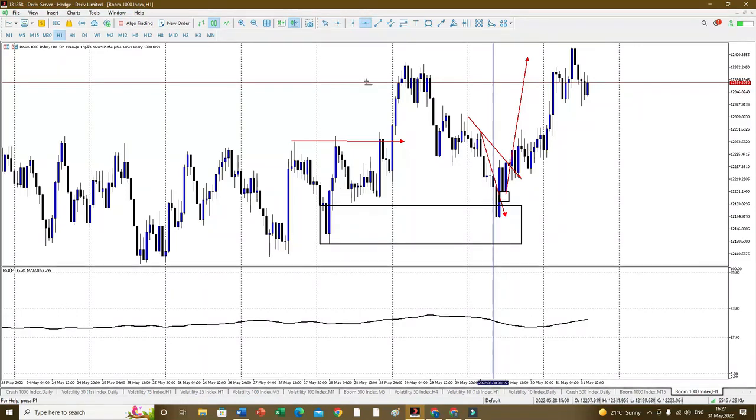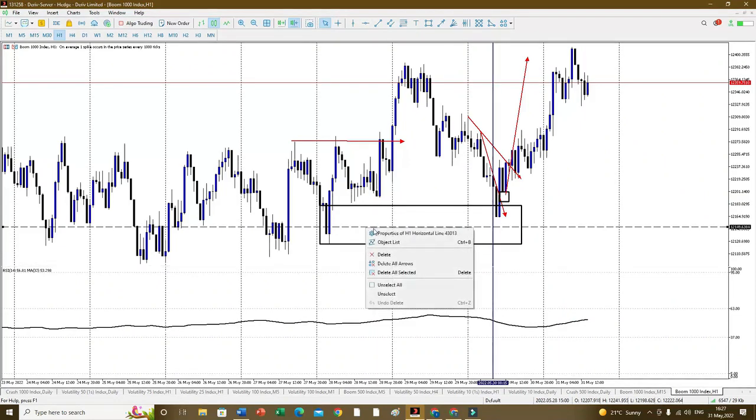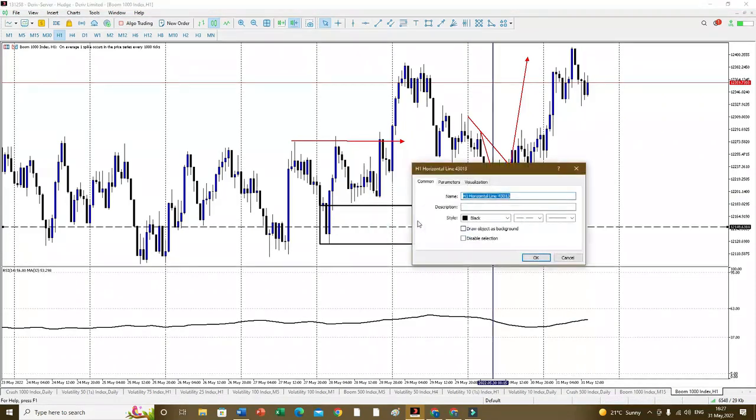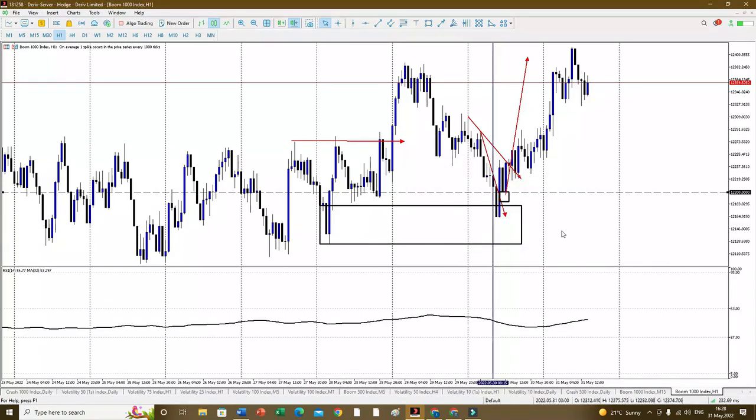You take your horizontal line, place it like that, then go to properties and settings, then parameters. On parameters, we look at the number. We're talking about 12,100 and something. How about if I just put 12,200? That's the price that I expect to see magic on. So it has modified this into that.